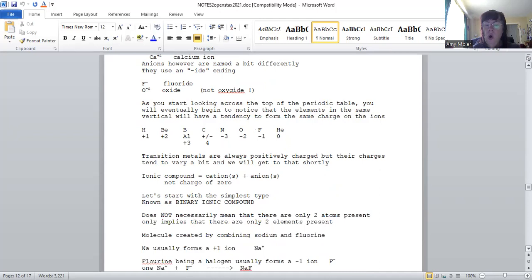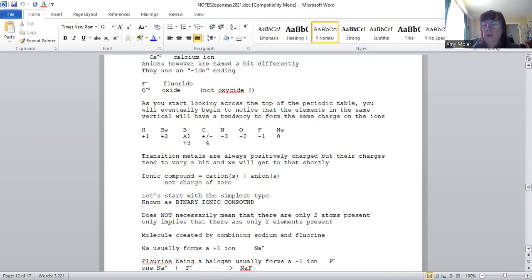So if you look across the columns at the top of the periodic table, note we're skipping over all the stuff in the middle where the transition elements are. There is a pattern. Hydrogen and the alkali metals have +1 charges. Alkaline earth metals, +2s. Boron, aluminum, and occasionally the lower part of that column, +3s.